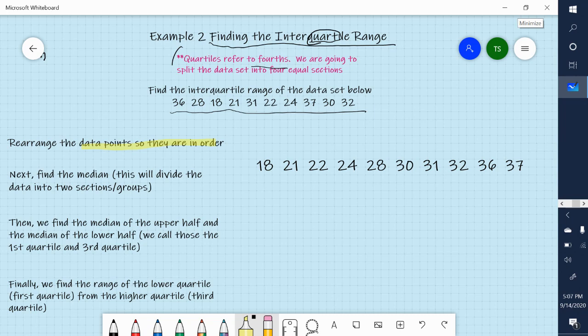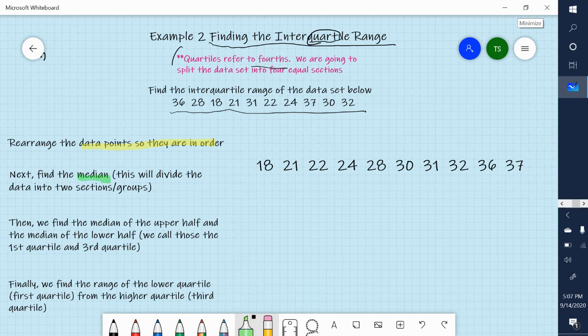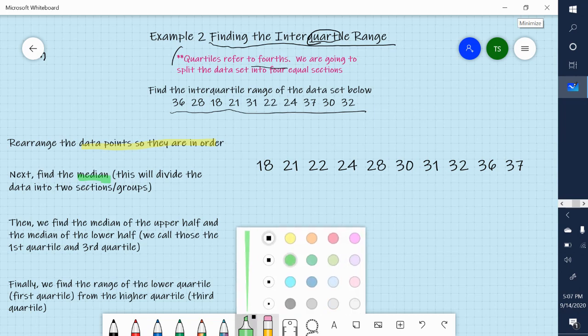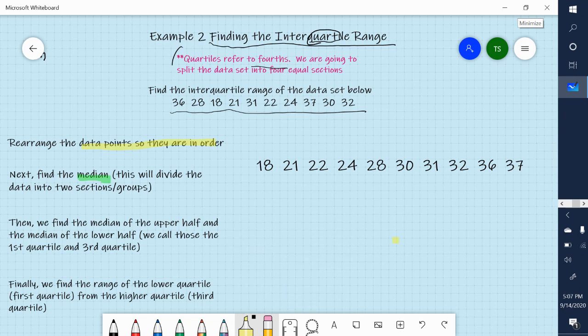The next thing that we'll need to do is find the median of the data set. So here's the data set in order right here, and we're going to need to find the midpoint. To do that, I need to know how many data points are in my data set. I can see I have 1, 2, 3, 4, 5, 6, 7, 8, 9, 10 data points.